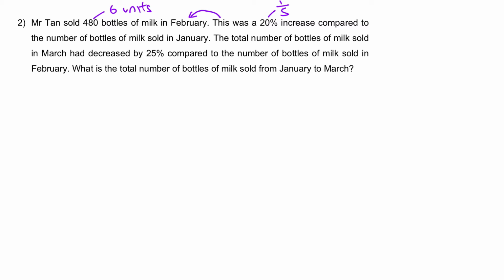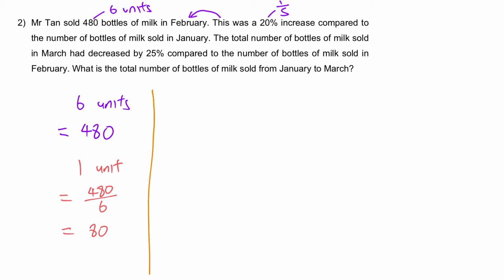Okay, so we're gonna figure out, let us write first, 6 units is equal to 480. And then 1 unit is equal to 480 divided by 6 to give you 80. From here, we're going to figure out the number of bottles of milk sold in January.